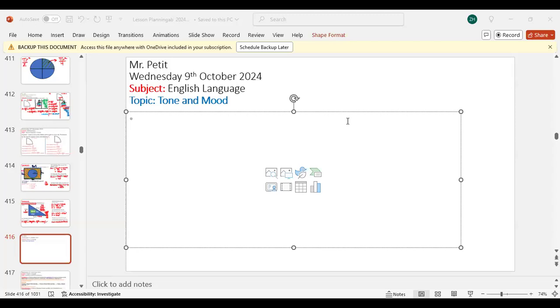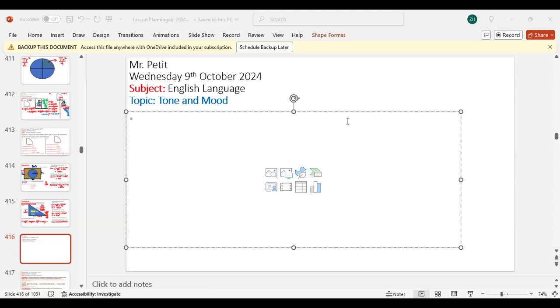Go ahead, Makaya. I feel like tone is like if you write something, you have to put a certain word to express your feelings, or a certain end mark.